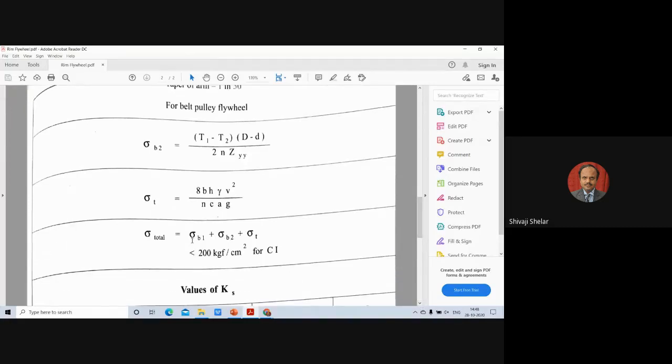Sigma total will be the addition of the bending stress sigma B1 from the earlier formula, sigma B2 from this formula, and sigma T, not the earlier sigma T, but the sigma T for this mechanism calculated by this formula. So from that you can calculate sigma total. If you are using the flywheel itself as a flat belt pulley, then we have to use the sigma total in this form.